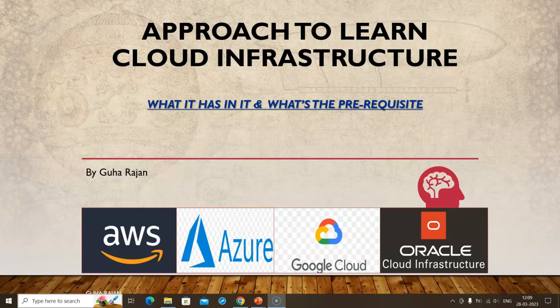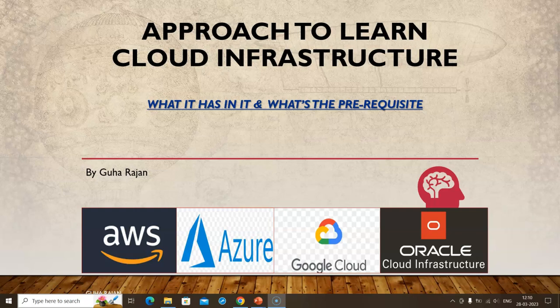It is said that more than 40 to 50% is by AWS, but it keeps changing as well. Though Oracle was a late entrant, they have picked up in a great way.